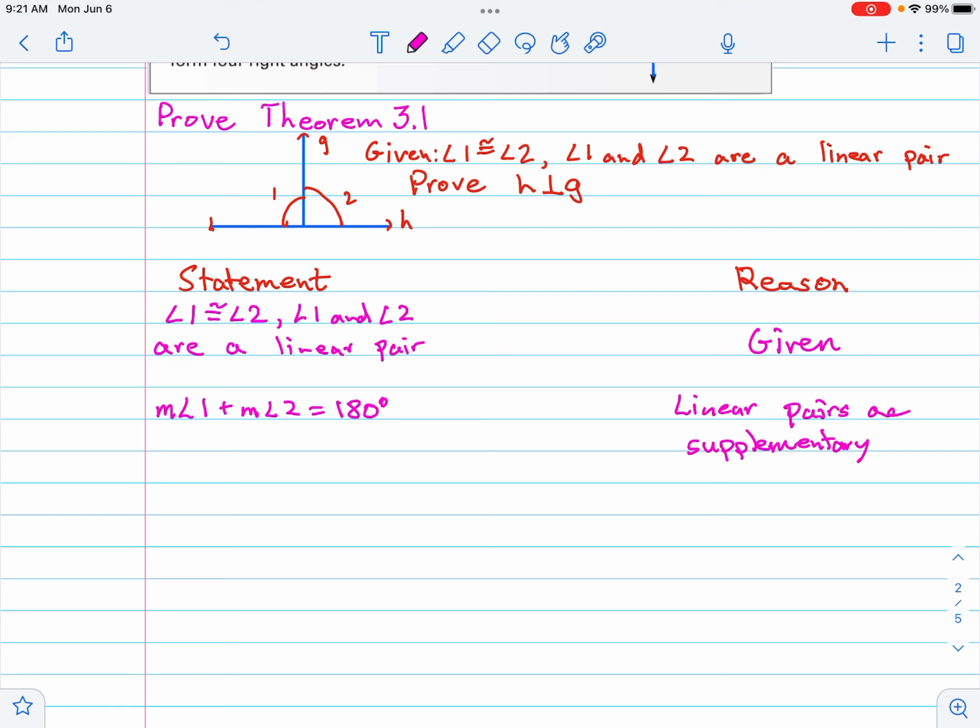Let's think about what else we can use from our given. Our given tells us that angle 1 is congruent to angle 2. Well, that means that the measure of angle 1 plus the measure of angle 1 is equal to 180. I just did a substitution.